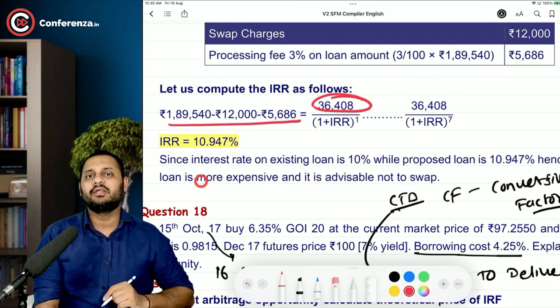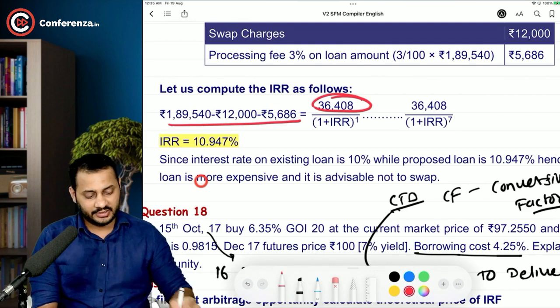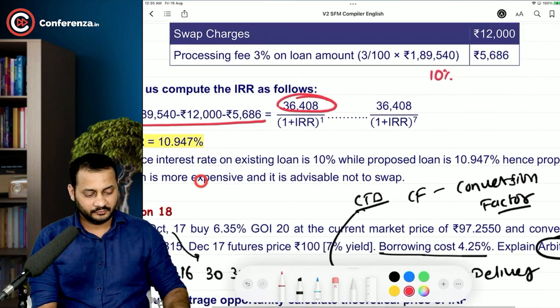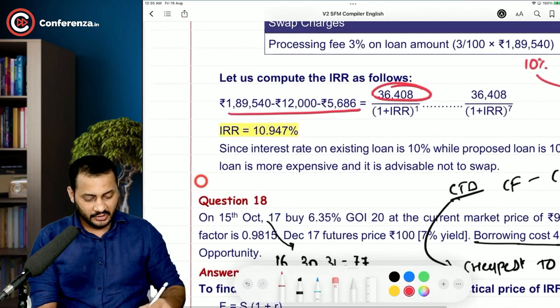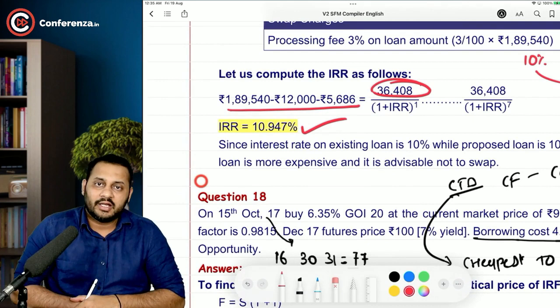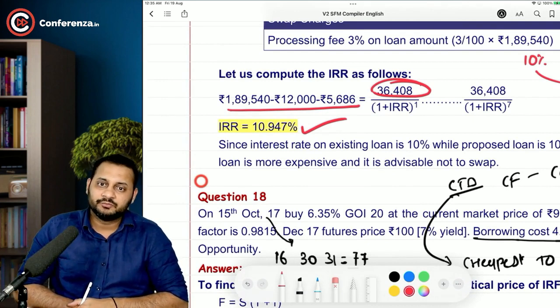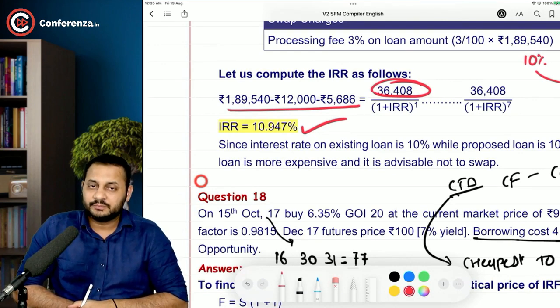And now you calculate the interest rate. You can easily calculate the interest rate by first taking, let's say, 10% and then taking 11%, then interpolating both of them, and the answer will be 10.947. I'm not doing the interpolation now. We have seen lots of questions. So the IRR will come to 10.947%.